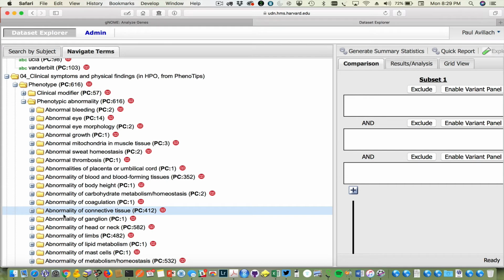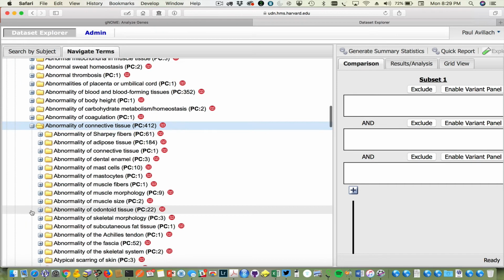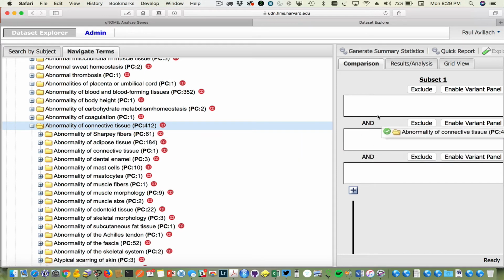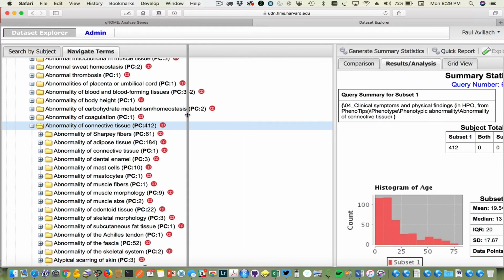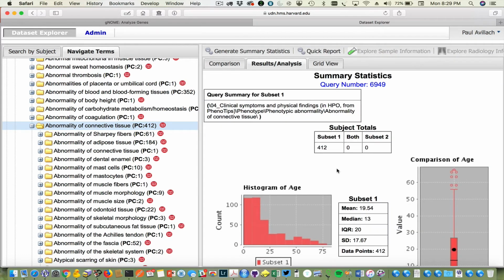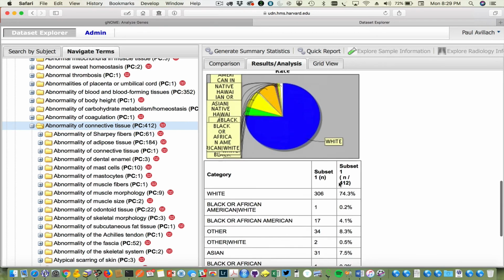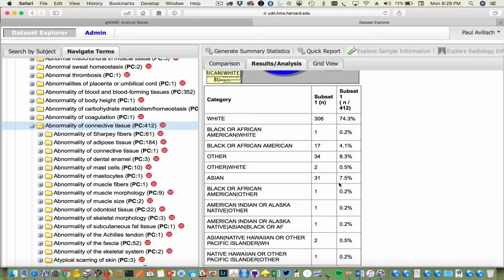So our previous patient is definitely included in this, but then I'm interested in looking at all patients that have an issue of the connective tissue, where I can just do a drag and drop and then generate summary statistics, with the histogram of age, sex, and race across all those patients.